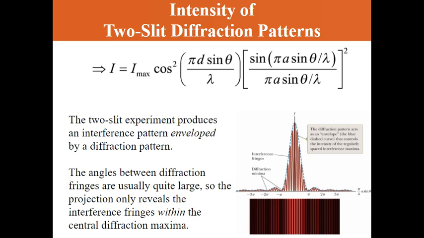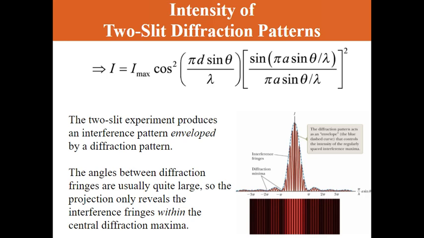This is kind of confusing, of course, because both the diffraction pattern and the interference pattern occur due to constructive interference. So it's a nomenclature situation where when we talk about the interference pattern, we're talking about light from different slits interfering with each other. When we talk about the diffraction pattern, we're talking about light from the same slit interfering with itself.